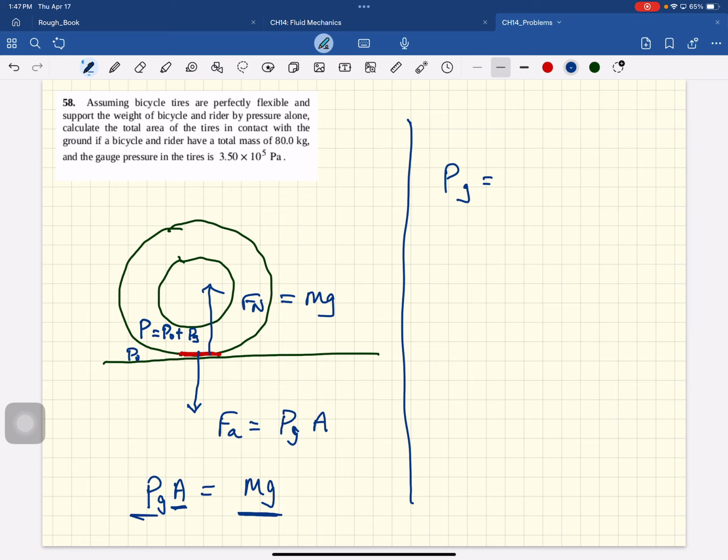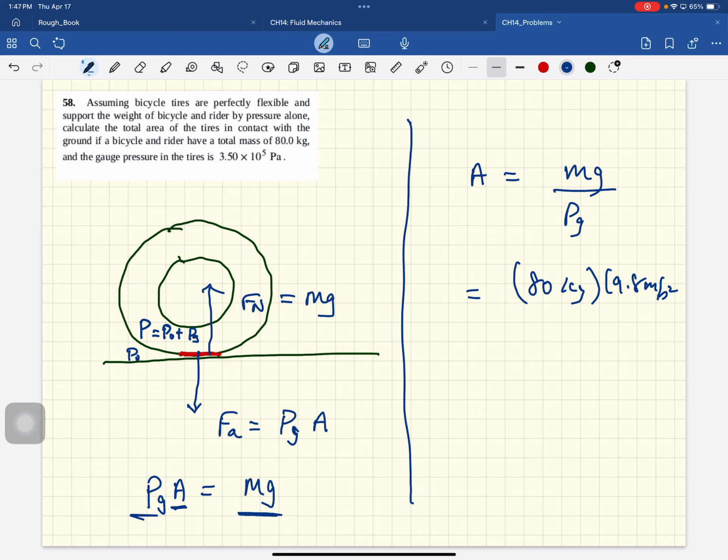So the gauge pressure times the area is mg. Oh no, we're trying to find the area. So the area is mg divided by the gauge pressure. So this is 80 kg times 9.8 meters per second squared, divided by 3.5 times 10 to the power 5 pascals, Newtons per meter squared.